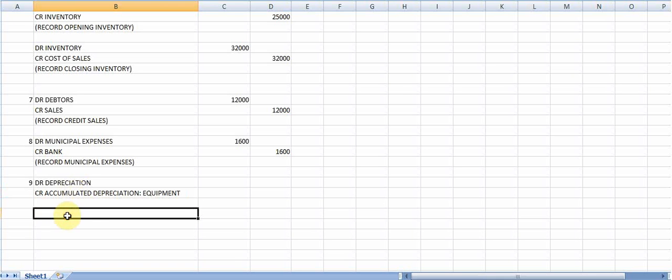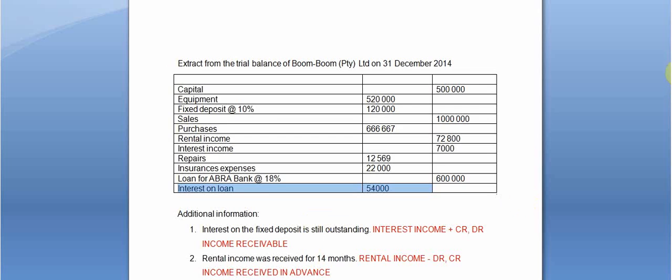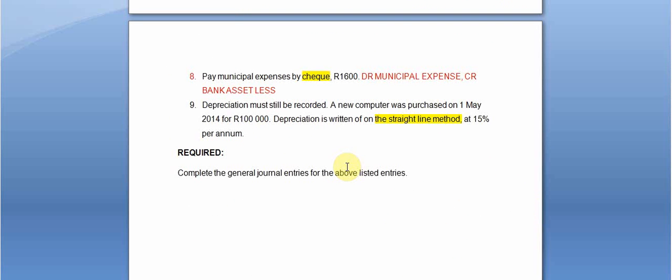Right, so I need to do a calculation. The question tells me, if I scroll down, that it is on straight line method, and 100,000 Rand was spent on a new computer that was bought on 1 May. So now I need to take into account that I have an old and a new computer.